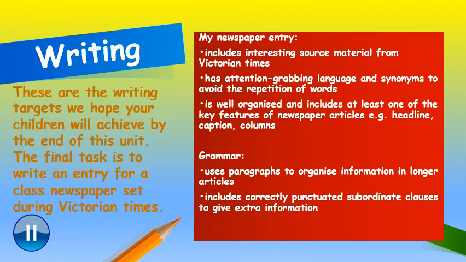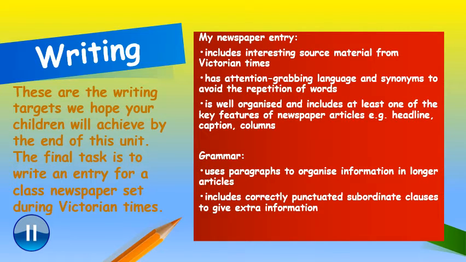And these are our writing targets. The final task of the unit is to write an entry for a class newspaper set during Victorian times. My newspaper entry includes interesting source material from Victorian times. It has attention-grabbing language and synonyms to avoid the repetition of words.